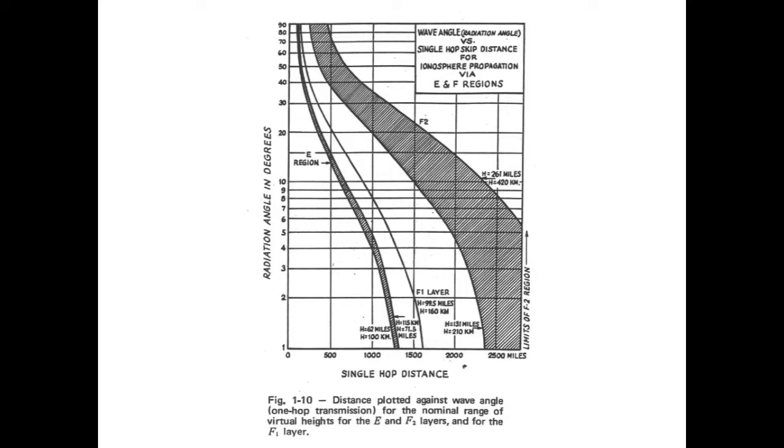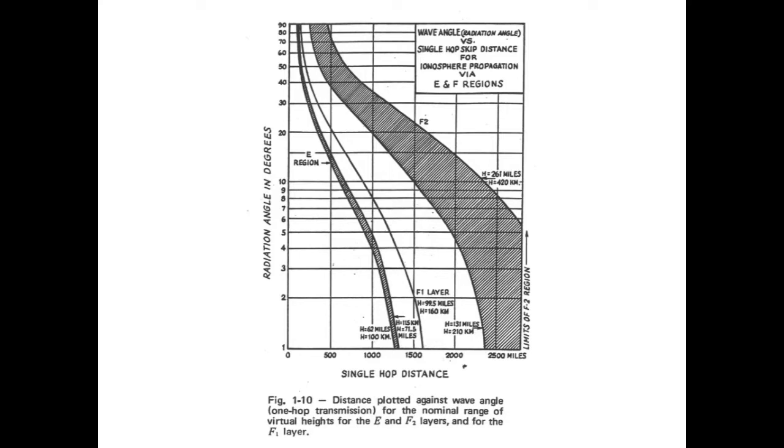It also depends on the height of that layer. In general, like we're talking a single hop distance of 500 miles, if the F layer is moving up and down, you can expect to be using an angle of around 40 degrees to maybe 80 degrees for that 500-mile distance.